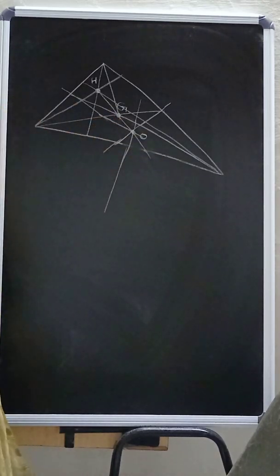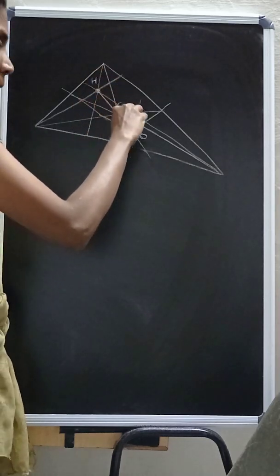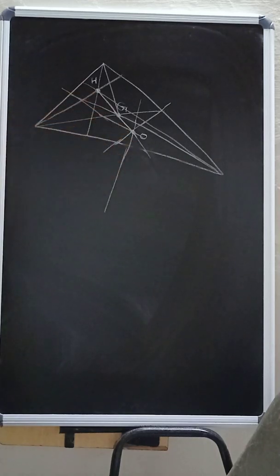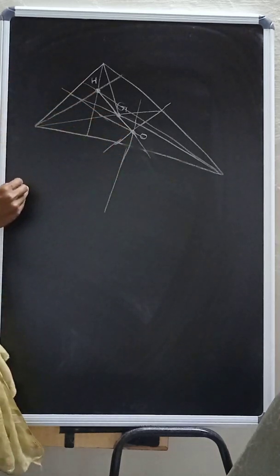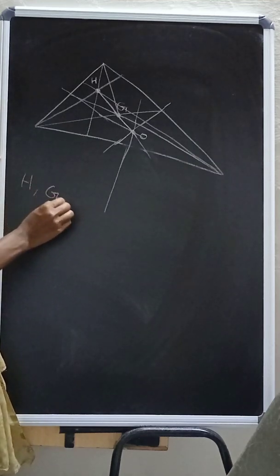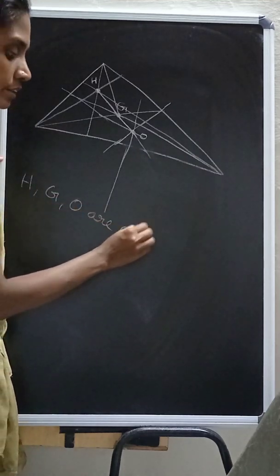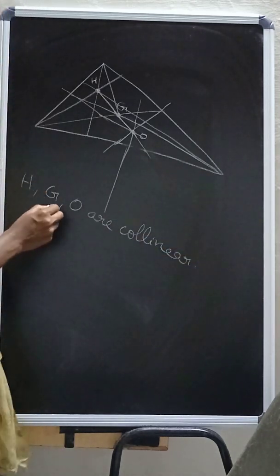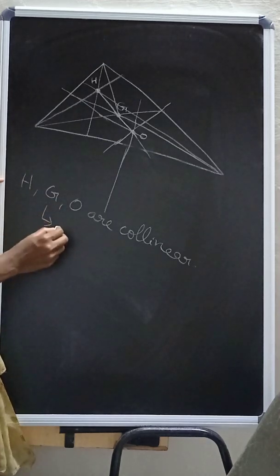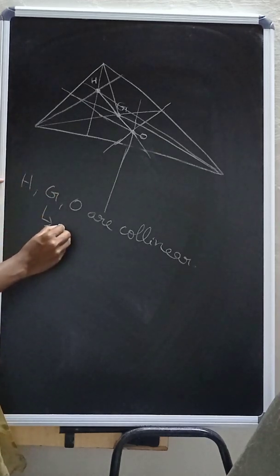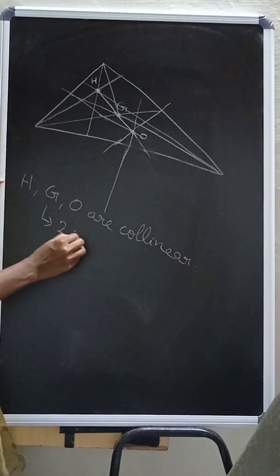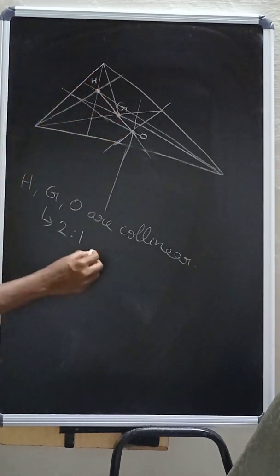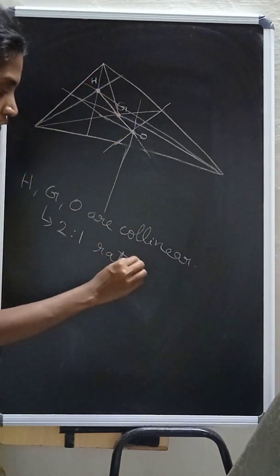You will see that the 3 points of concurrency of a triangle lie on the same straight line. So, H, G and O are collinear points. Collinear means what? Lying on the same straight line. And you can also see that the G, the centroid, splits H and O in the ratio 2:1. So here 2 and here 1 in the 2:1 ratio.